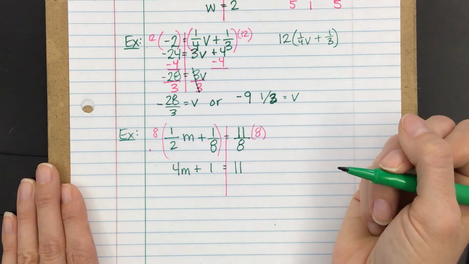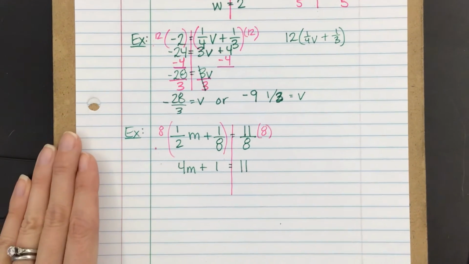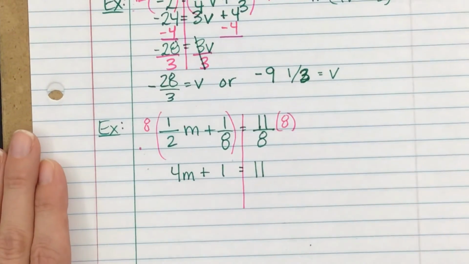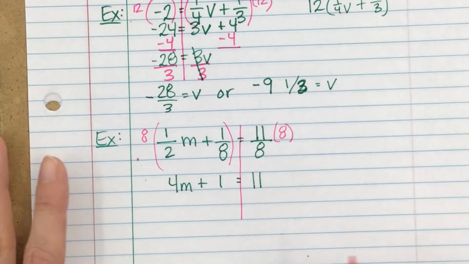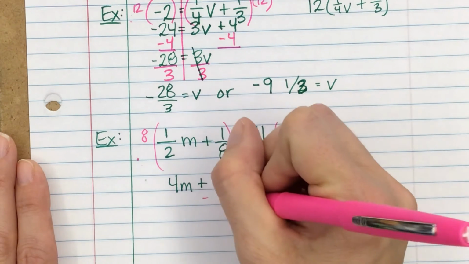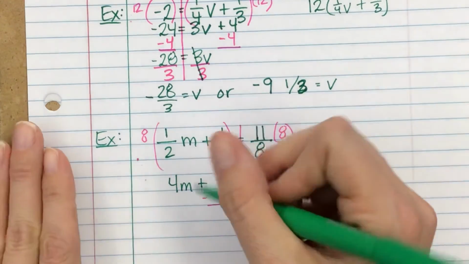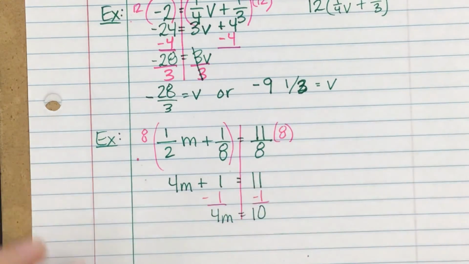Good. See, getting rid of those fractions is awesome. Because now you have something a lot easier to work with. So here I'm going to subtract 1 from both sides. So I'm left with 4m is equal to 10.